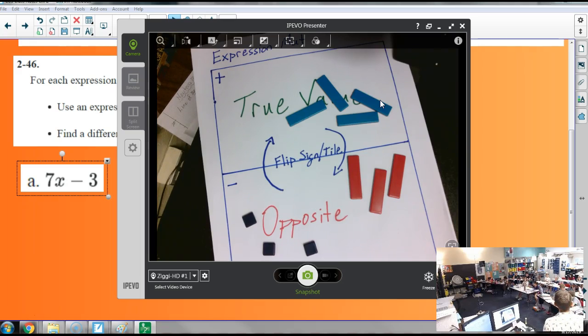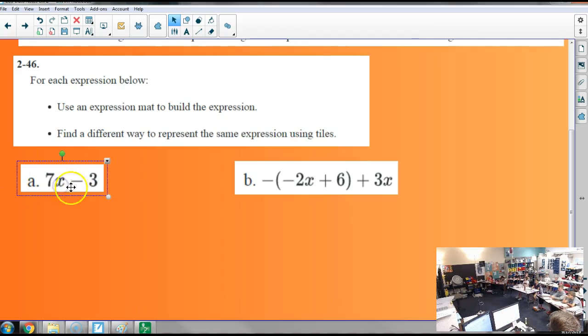But what I was trying to get you guys to think about was in certain situations, we cannot take away. And when you got taught subtraction, you got taught that was synonymous with take away. And if I have 7x and I'm told take away 3, well, I don't know what 7x is.